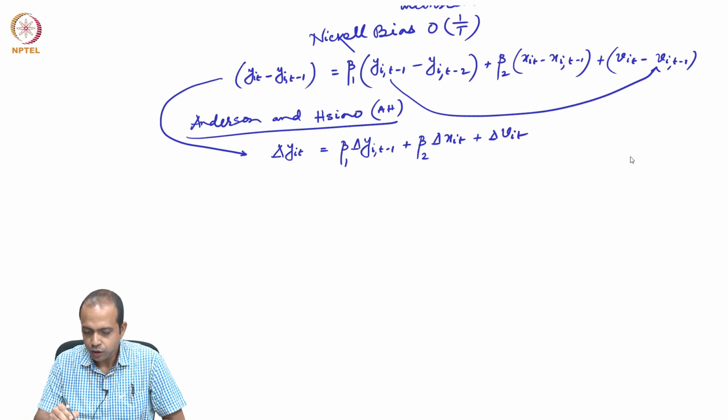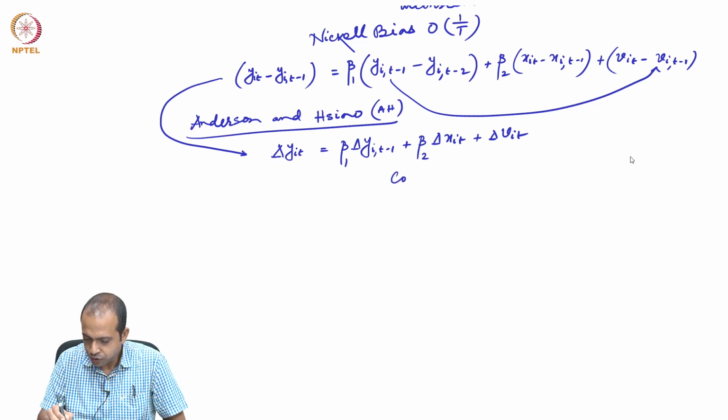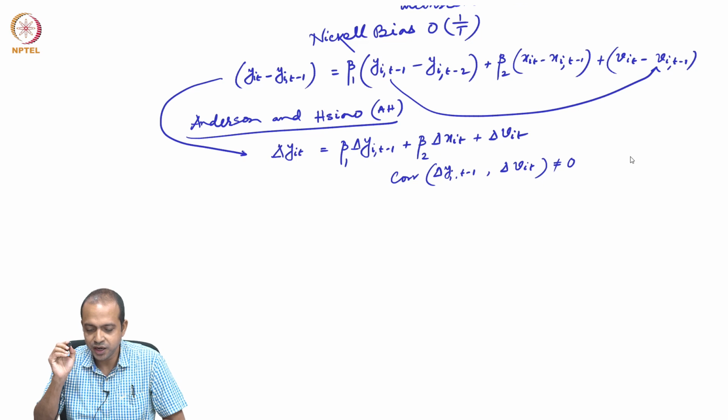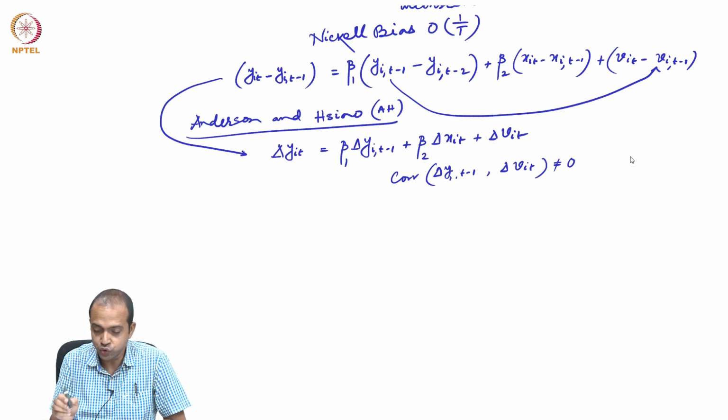So, when the correlation between delta YIT minus 1 and delta VIT is not equal to 0, then the idea is we need to use instruments for this delta YIT minus 1.